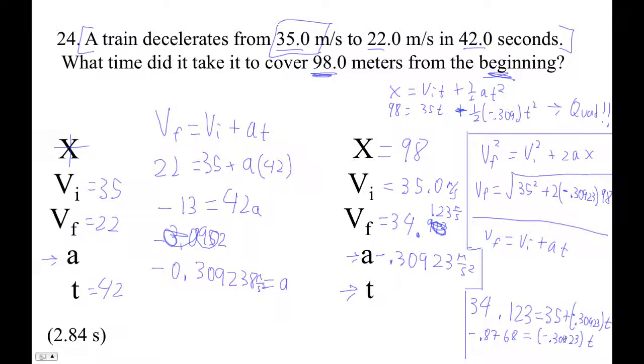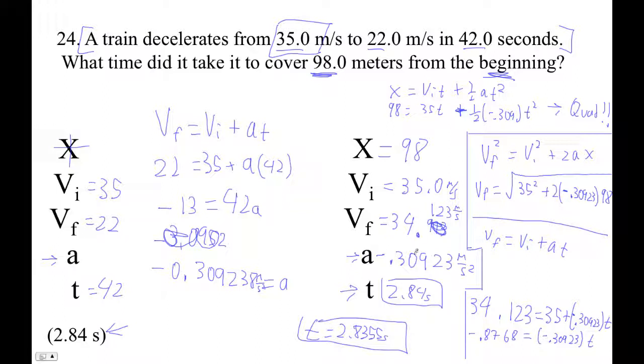So you now divide both sides by negative 0.30923. I get 2.8355, and the answer is 2.84 seconds.